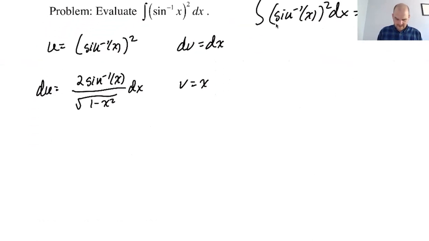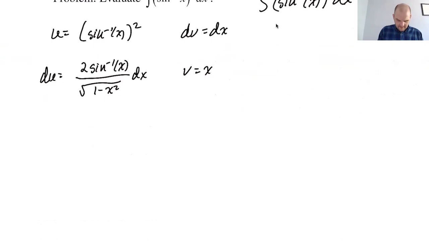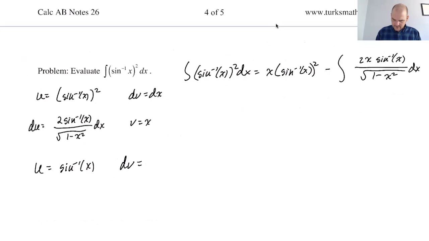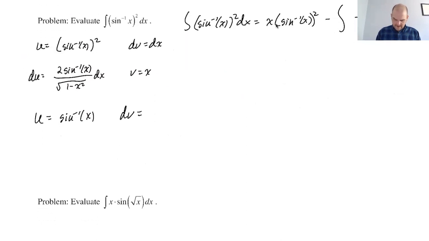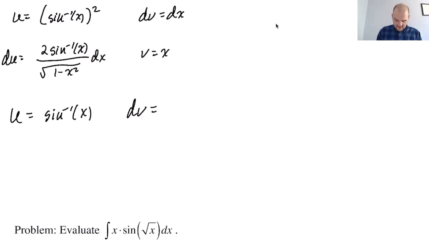So I'm going to say u is equal to sine inverse, and dv is the remaining part, 2x over radical 1 minus x squared dx. And we can integrate that, and that's good.